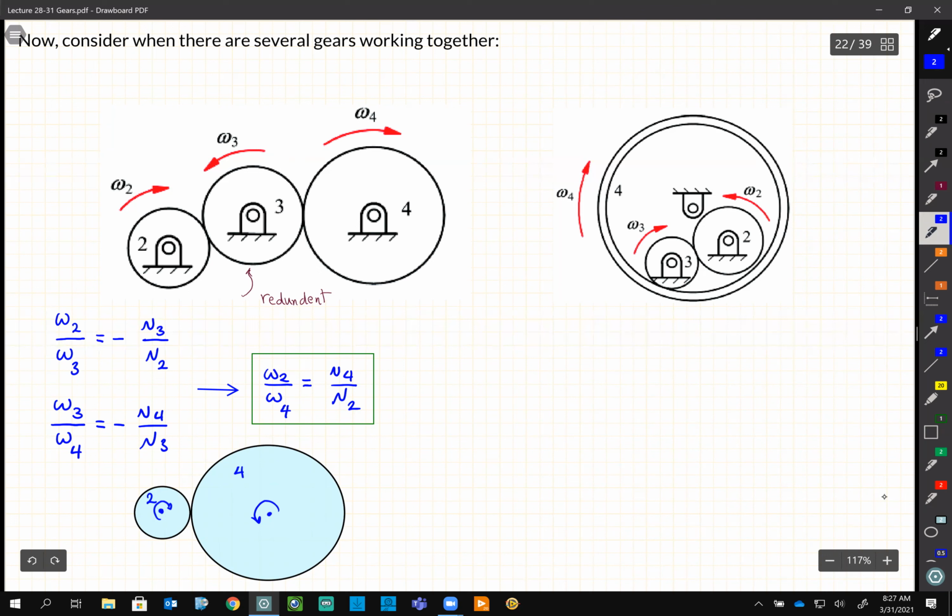Let's solve the same thing for the one on the right, and let's see what we will get. So if I write the relation between omega 2 and omega 3, I get a negative sign, N3 over N2. What about 3 to 4? Please pay attention to which one is connected to which. So the direction is not going to change. N4 over N3. Multiply them. So here is the multiplication, right?